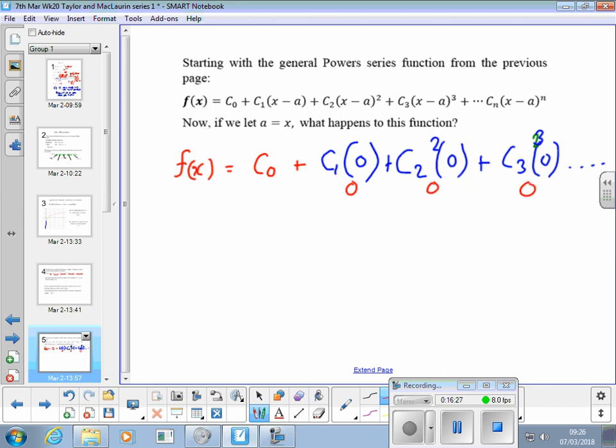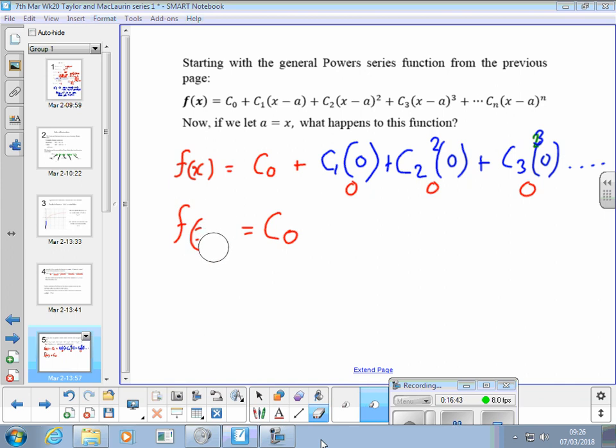The only thing left is that f at a, remember we made a equal to x, so f at the value of a is equal to c0.